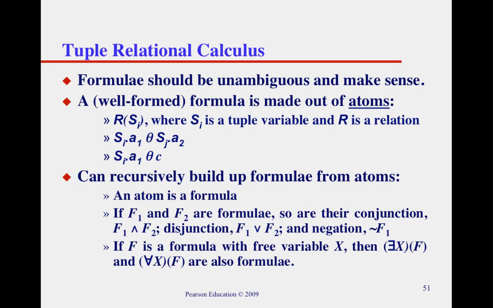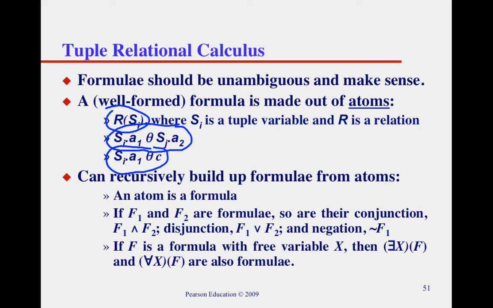Okay, so if we're talking about how you can build up formulas, the atoms are formulas that are either tuple variables, or a comparison between two attributes, or a comparison of an attribute with a constant. So there's basically three kinds of simple formula. Ones that specify a tuple variable, ones that specify a simple predicate between two attributes, and ones that specify a predicate between an attribute and a constant.